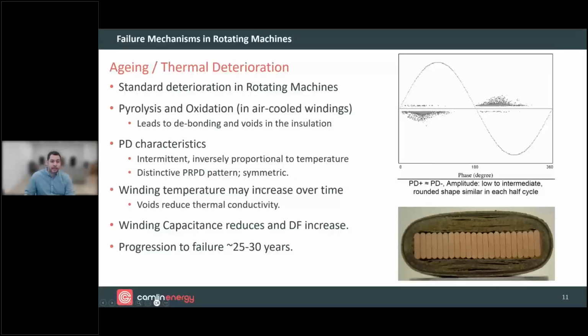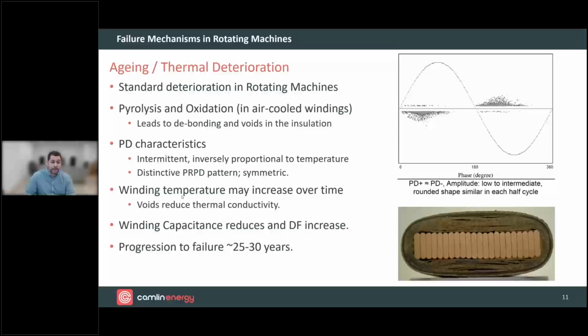And the winding temperature, if you're also doing winding temperature monitoring over time, if there's gross delamination because there's air pockets in the voids, the thermal conductivity of the material reduces. So you may also see an uptick in the machine winding temperature as a consequence of a large distribution of voids within the winding insulation system.